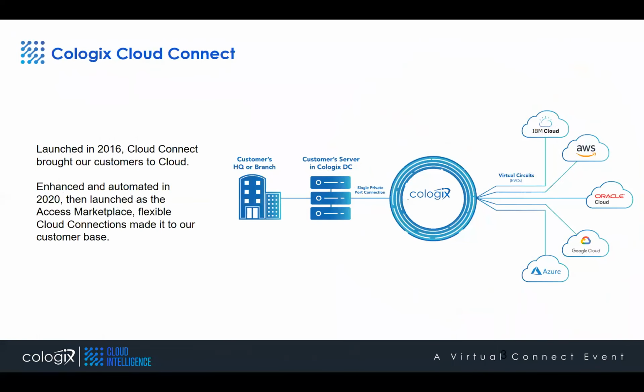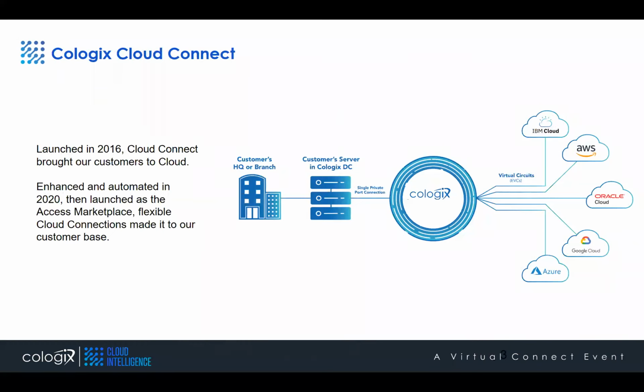So how did we start as a company a little bit, and what's the foundation I'm talking about here? That is Ecologic's Cloud Connect platform. So we started in 2016 saying that customers want to get to these services, like I said before, either outbound, where they want to build a product on a cloud to get that out to the addressable audience so they can sell that product, or they want to use cloud for internal projects, for internal corporate usage, to bring that inbound, get that back to their company in some way.